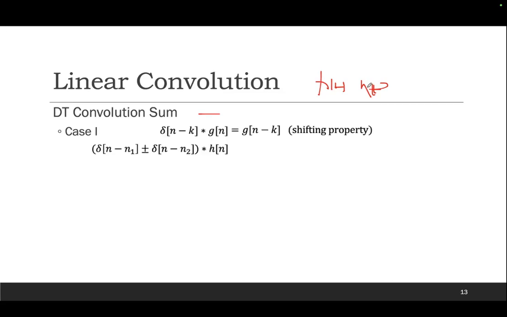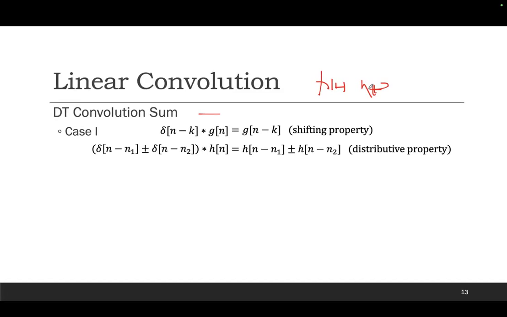Then you can use some properties: the shifting property, distributive property, associative property. Here I just list the shifting property and distributive property, but you can use the other associative and commutative properties.